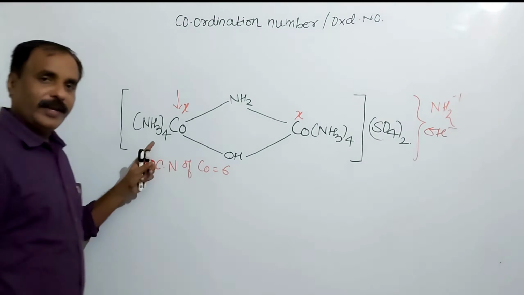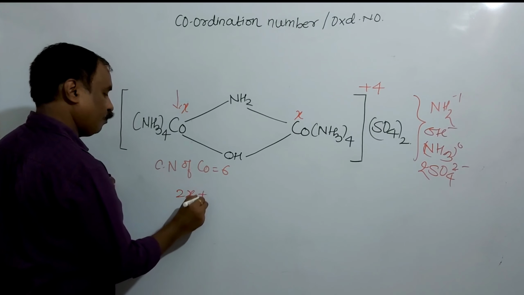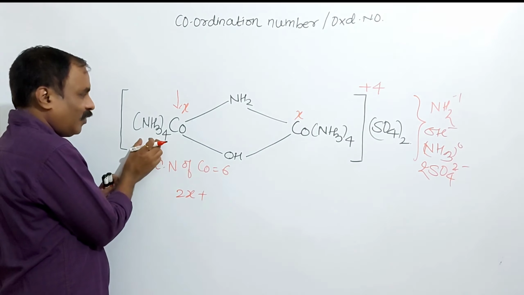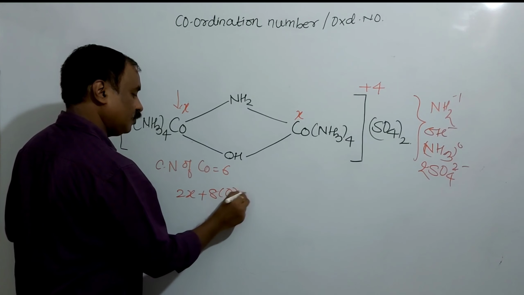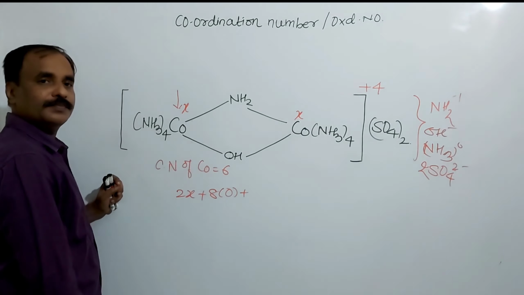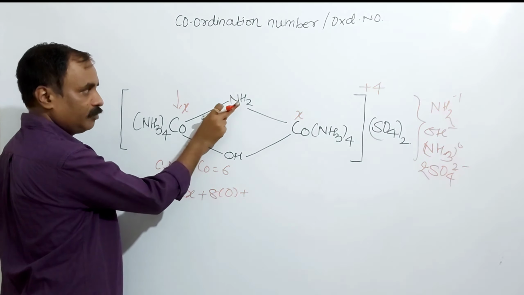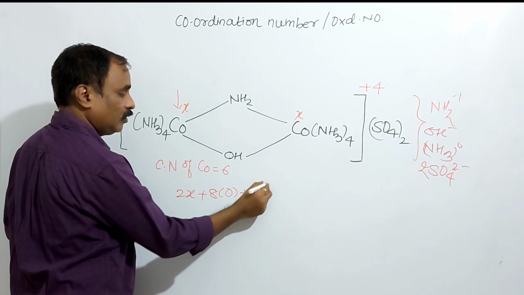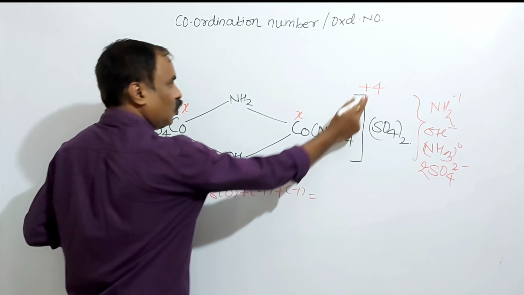How many cobalts are there? 2 cobalts, X plus X is 2X. Plus the total number of ammonia ligands, 4 into 4 is 8, 8 into 0. Plus the charge of NH2, not oxidation number here, charge -1, plus here also -1, is equal to +4.